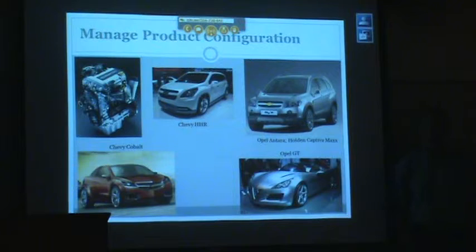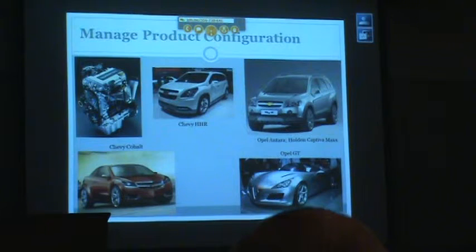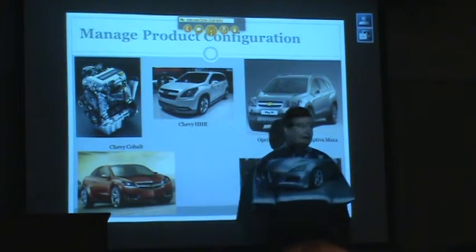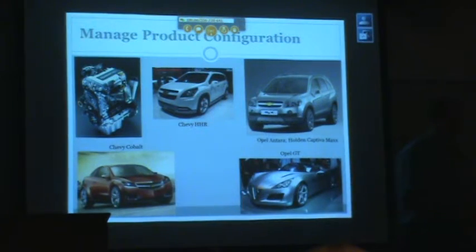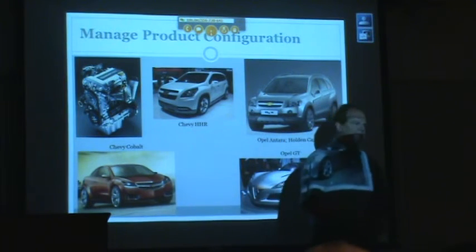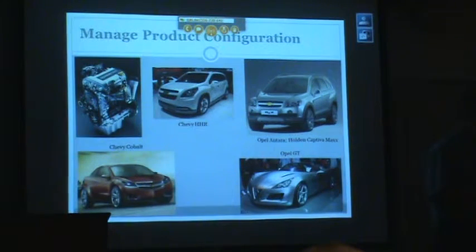But this Max vehicle, what do you say, Captiva or something? Captiva, which is built by Holden in Australia, uses that same engine. Okay? In the United States, the Cobalt is built in Ohio, and it uses the Ecotech engine. And the HHR, which is built where? In Mexico, uses the Ecotech engine.